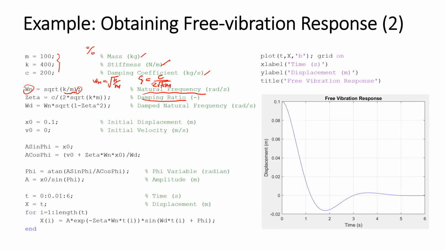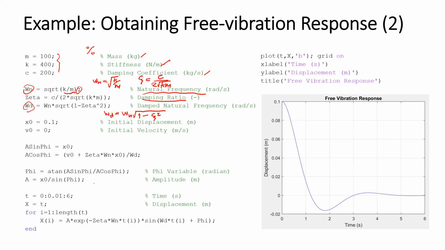So c divided by 2 square root km is the damping ratio. And the damped natural frequency, omega d, is equal to omega n times the square root of 1 minus zeta squared.